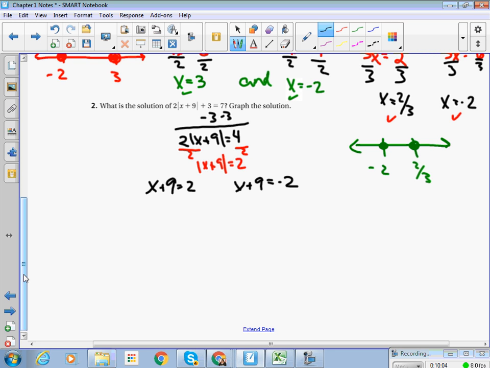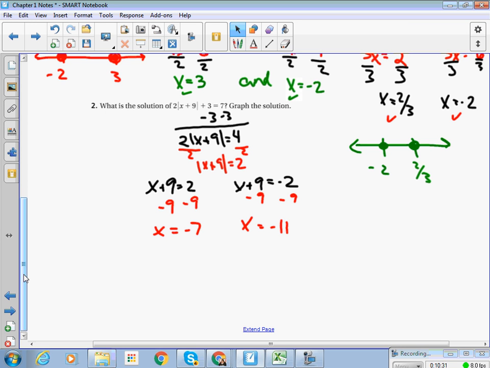Somewhere you guys are going to have to memorize, when I'm dealing with absolute value equations, I should have both a positive and a negative version. This process should be in your memory bank. Somehow memorize this. So in both situations, I'm going to subtract 9 from both sides. So my answers are x equals negative 7 and x equals negative 11.